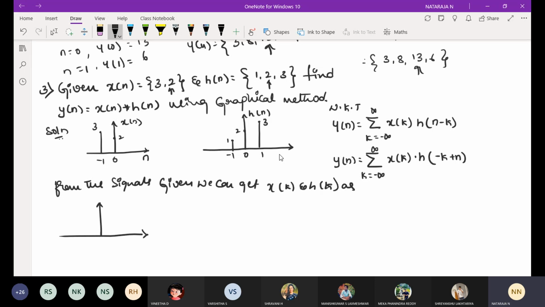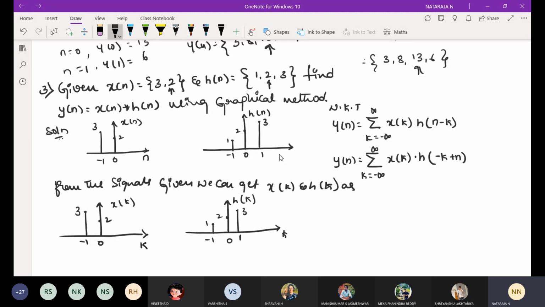This is my x of k, with the same limits -1, 0. The samples will be 3 and 2. And one more signal, that is h of k, at -1, 0, 1. The samples will be the same, 1, 2 and 3. This is the sample of 1.